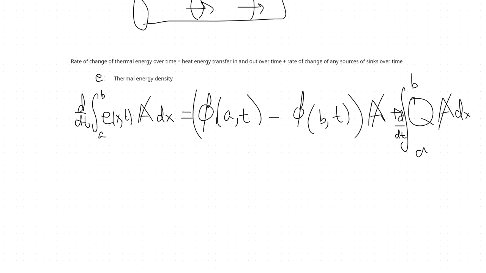Now, because time is independent of position, we can bring the derivative inside, and we can say that the integral from A to B is the same as the integral from A to B of partial E partial t multiplied by dx, which is equal to, once again, the flux in minus flux out.